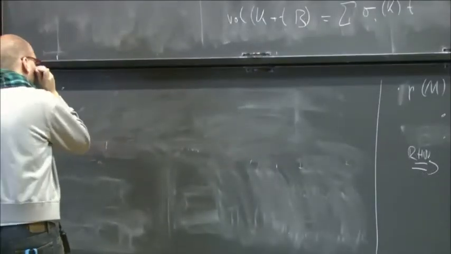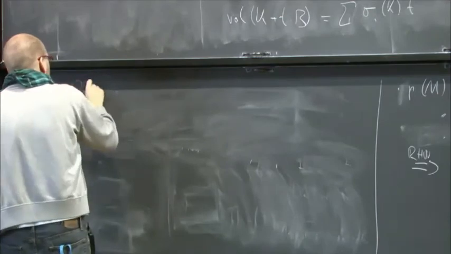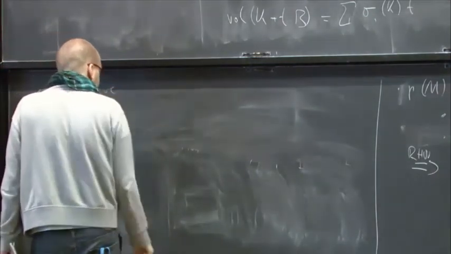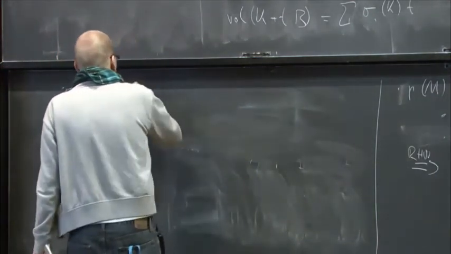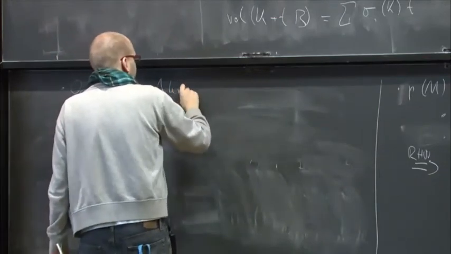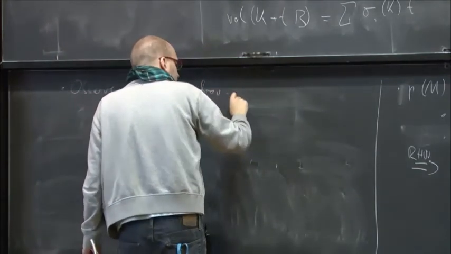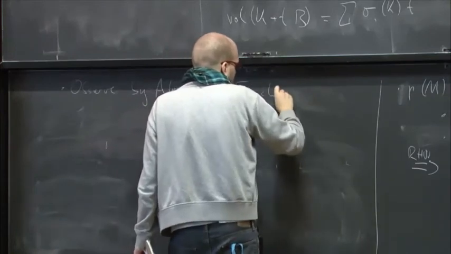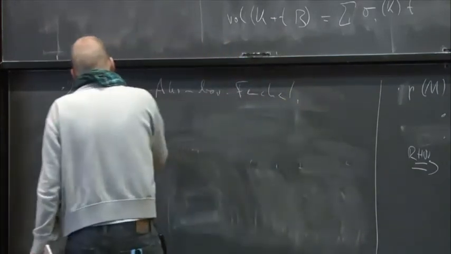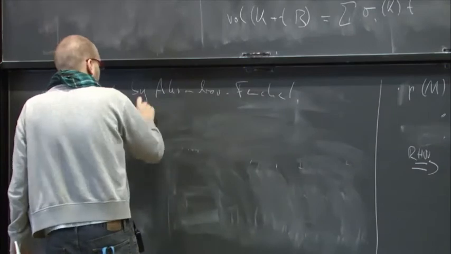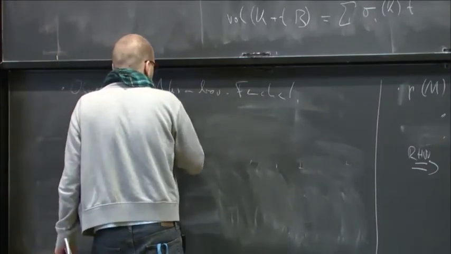Let me first make an observation. Observe by the Alexander-Fenchel inequalities, the sequence sigma I of k is log-concave.